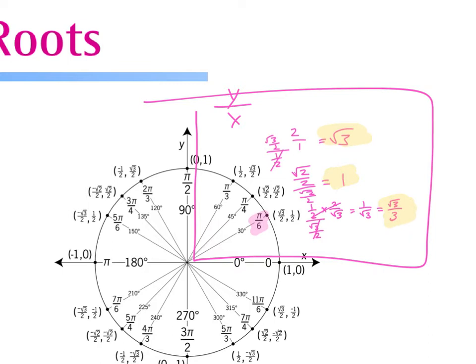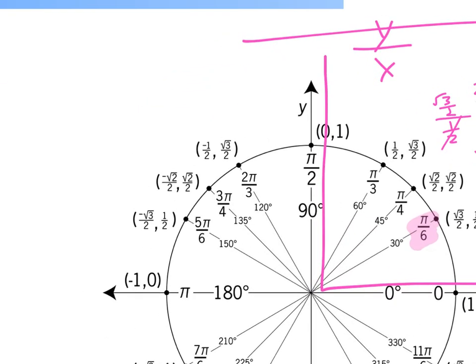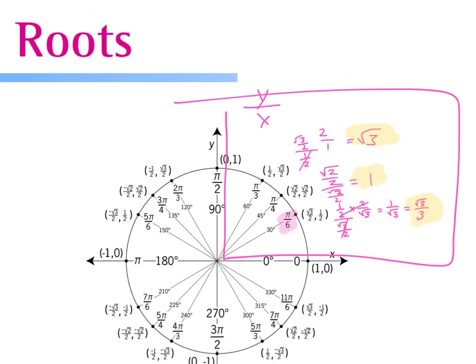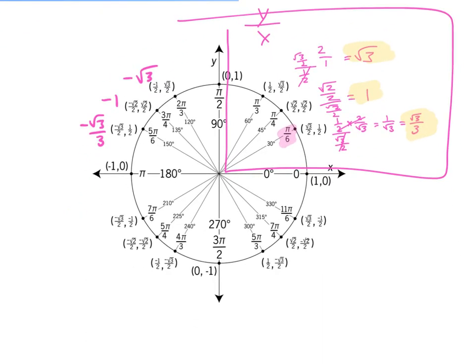Now, in our other quadrants, they're the same values, but the signs are going to change. So over here, this is going to be negative square root 3 over 3, negative 1, and negative square root 3. Down here, we have another positive square root 3 over 3, positive 1, and positive square root 3.